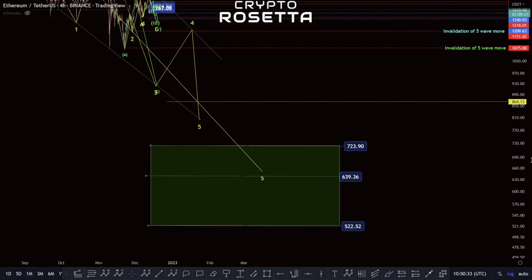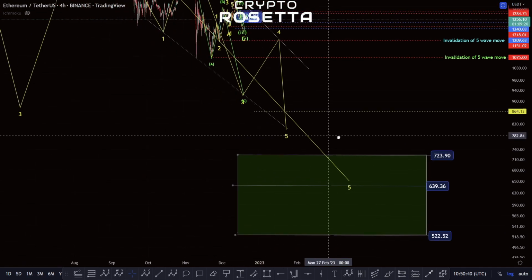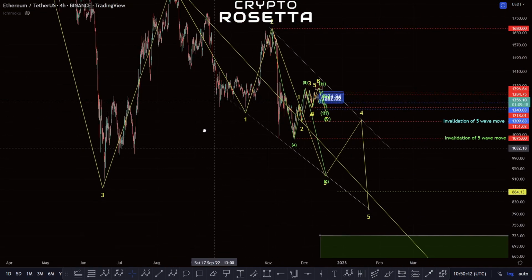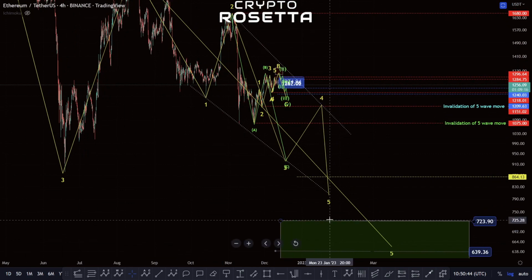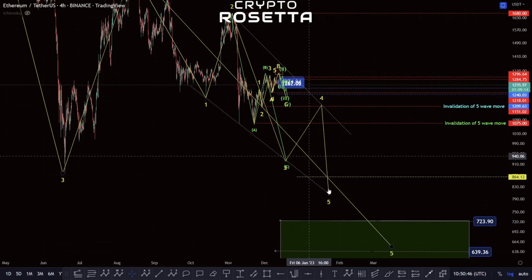So the typical 5th wave area we're looking to potentially target is between the 723 and this 522 area, though sometimes these waves can fall short and they can truncate, so we'll just have to keep an eye out how this goes.